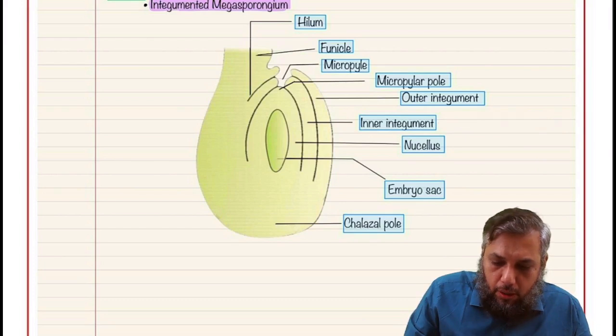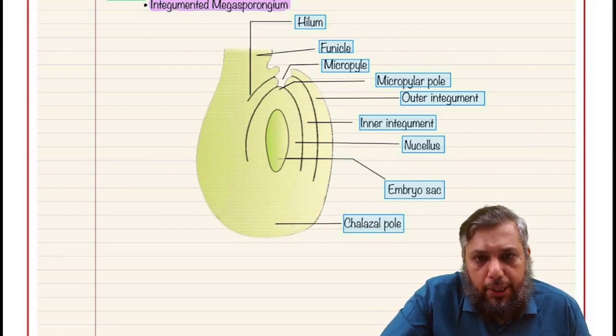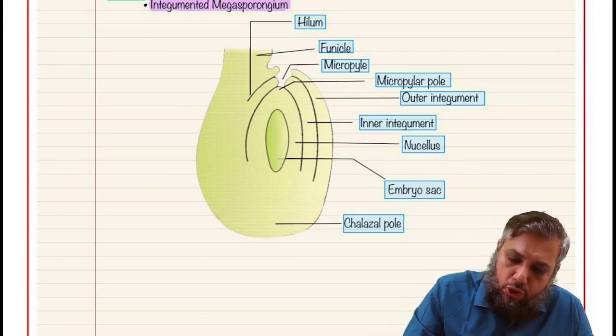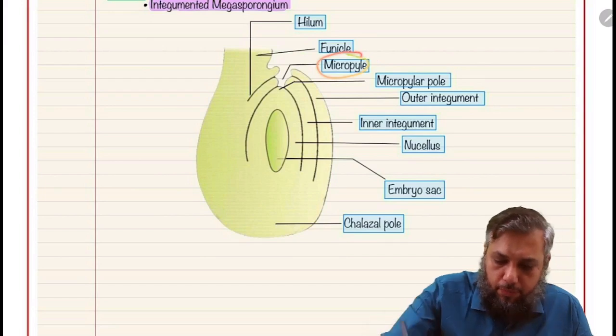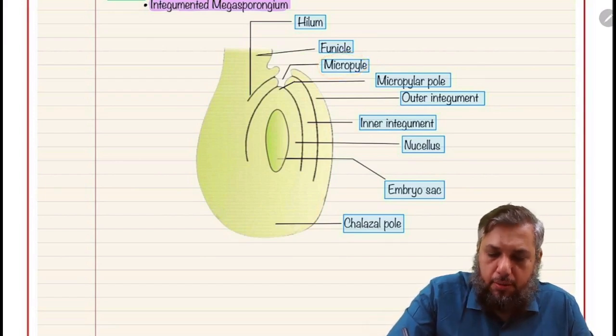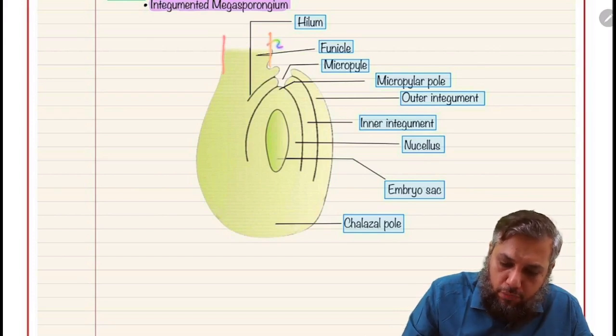Now, if you observe this diagram, the integuments do not completely cover the nucellus. They always leave an opening at the top, which is called the micropyle. And the stalk of the ovule is called the funicle. The point of attachment of the funicle to the body is called the hilum.